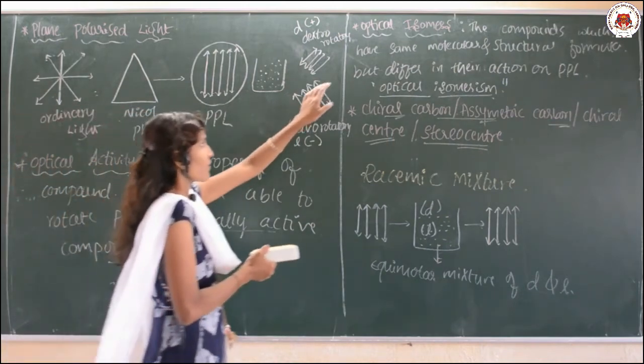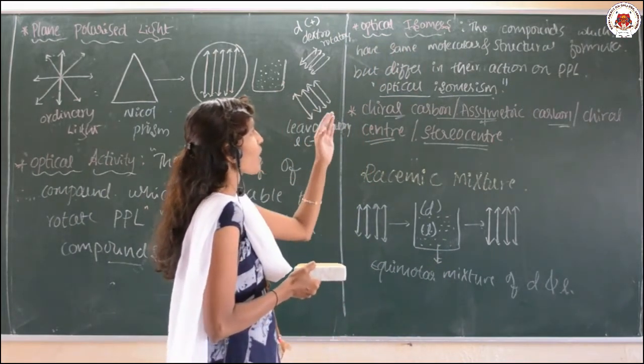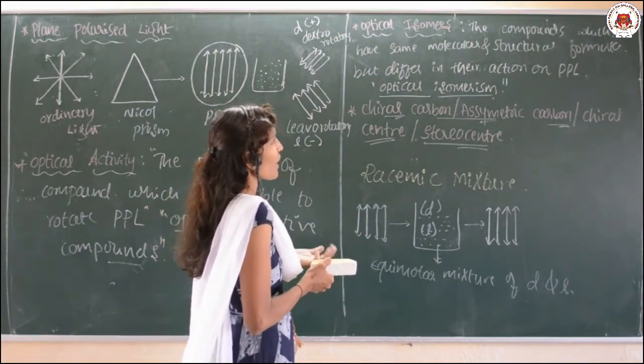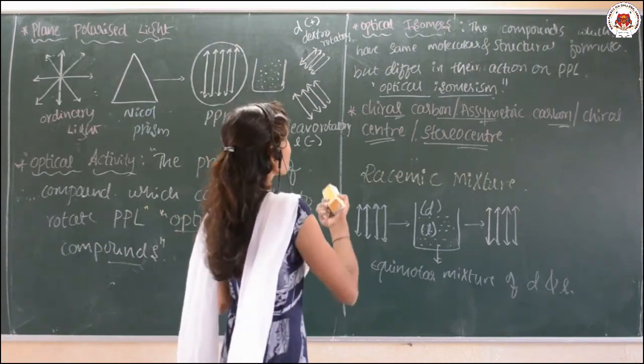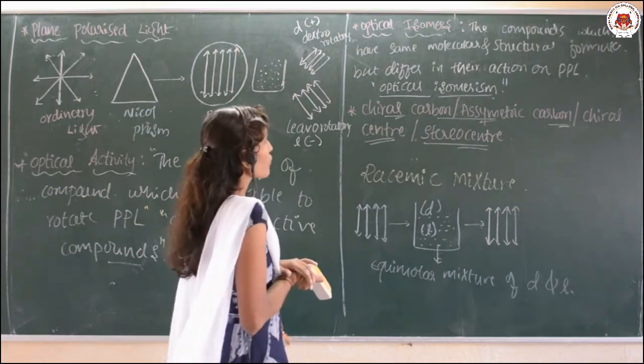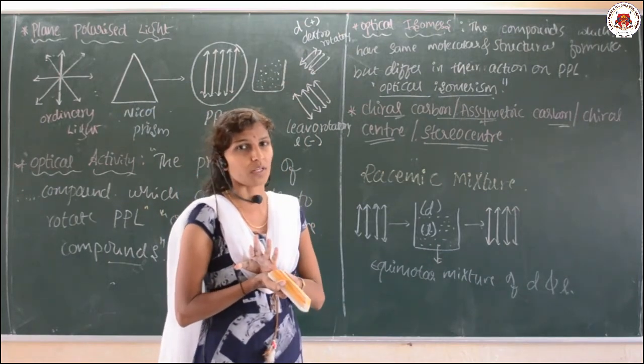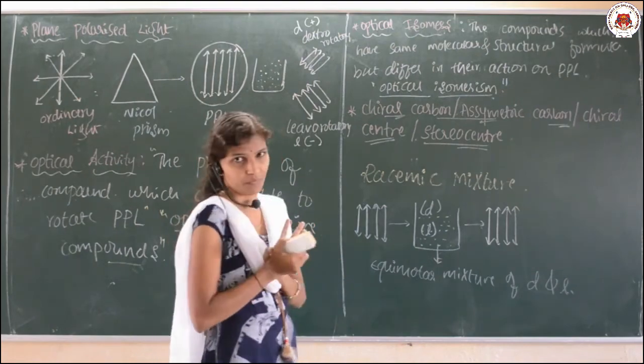Let us come to the next term, optical isomers. Optical isomers are compounds which have the same molecular and structural formula but differ in their action on PPL, that is plane polarized light. Those are called optical isomers, and the phenomenon is called optical isomerism. Clear?